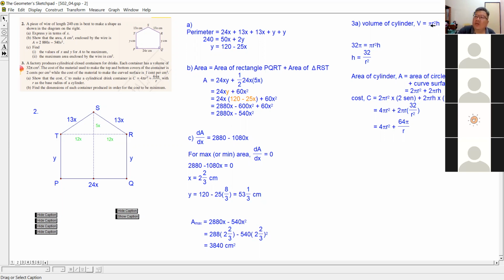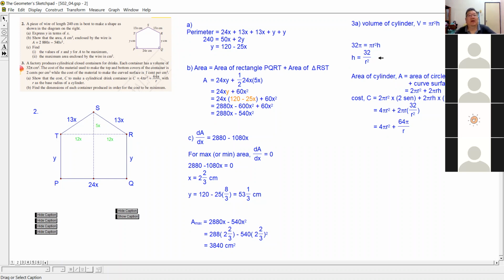So how to eliminate one of it? That is the reason why they give you this volume is 32 pi. So this volume is 32 pi is to equate the volume with the formula here, so that you can find h in terms of r or r in terms of h.